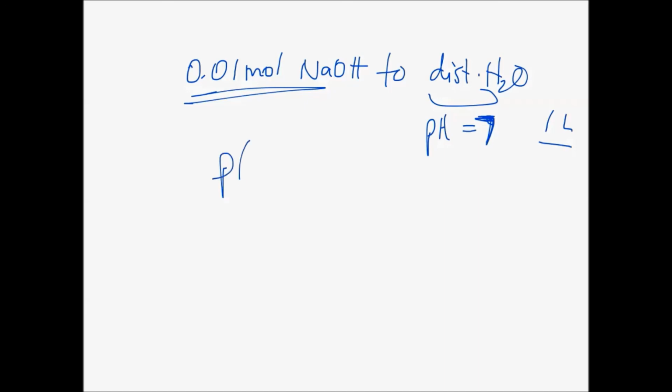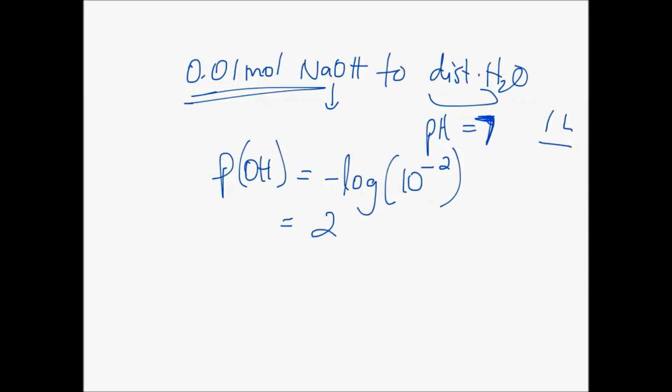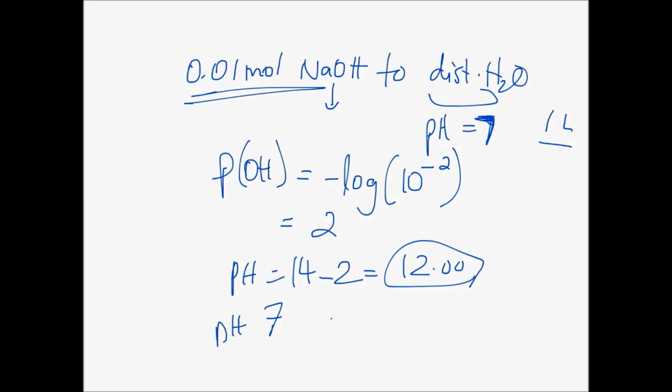Because it's a complete dissociation, the pOH is going to be negative log of 10 to the power of minus 2, which would have been 2, or the pH would have been 14 minus 2, which is 12. That means you would have gone from pH 7 to pH 12, a difference of 5 units.